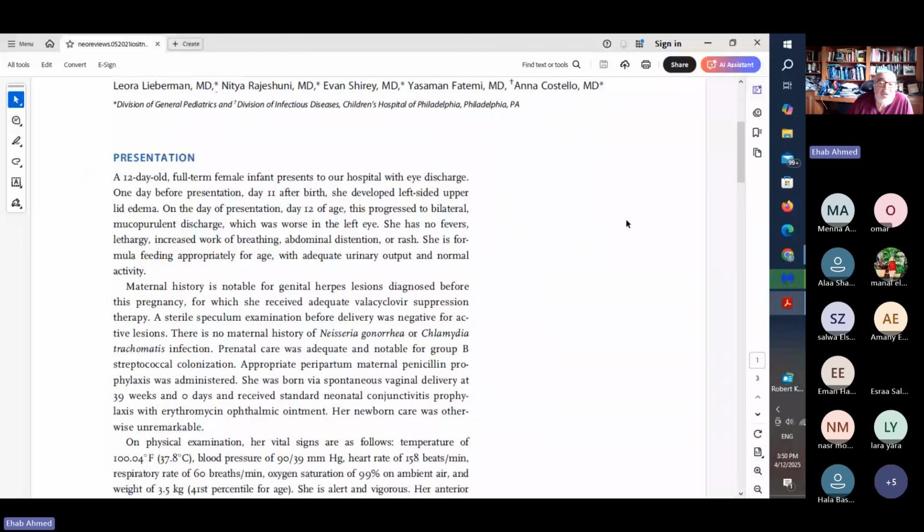She developed left-sided upper lid edema. On the day of presentation, day 12, this progressed to bilateral. Started on the left, now it's bilateral. It started with eyelid edema, and now it's mucopurulent discharge. It's ophthalmia neonatorum, and was worse in the left eye.